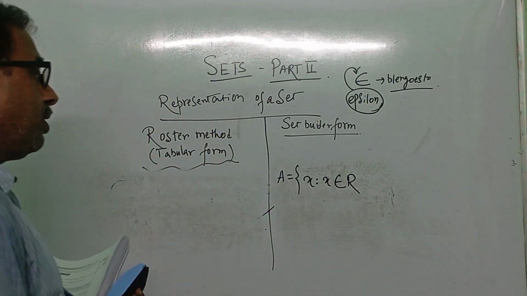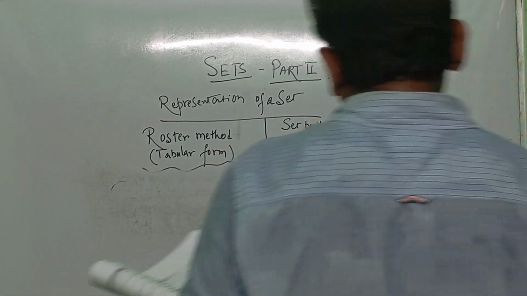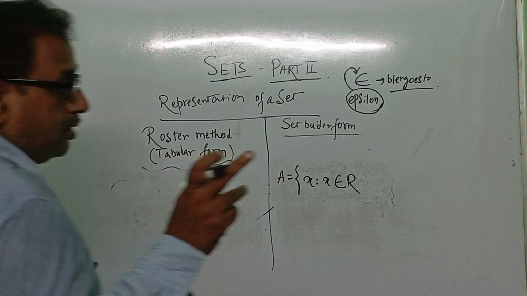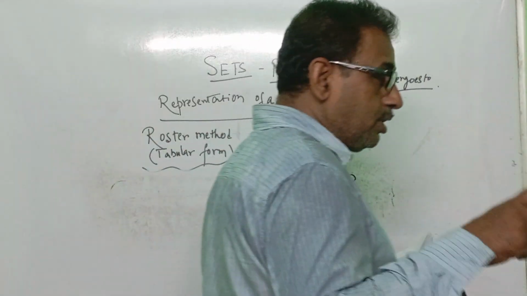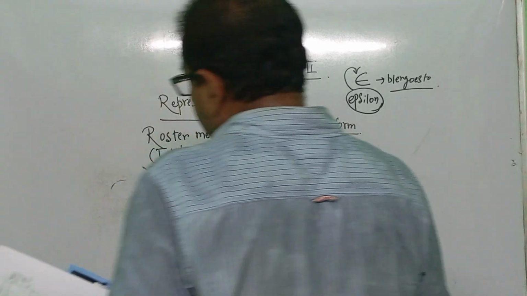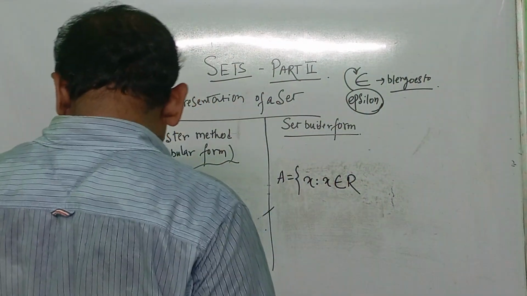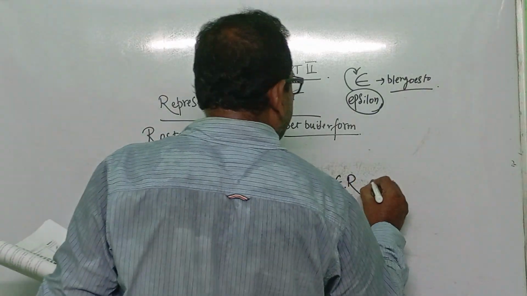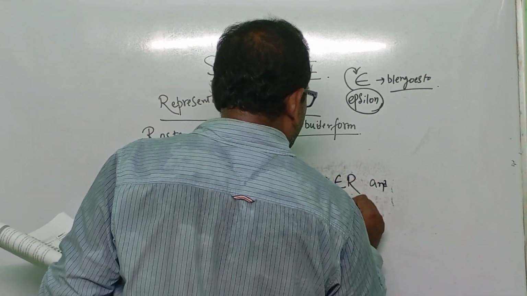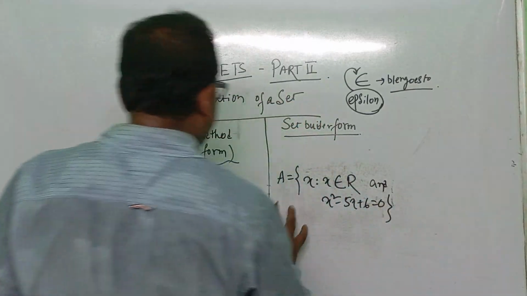In the first part we discussed that other than complex numbers, all rational numbers, irrational numbers, positive integers, negative integers, whole numbers and natural numbers come under R. Here, what is given is x squared minus 5x plus 6 is equal to 0.